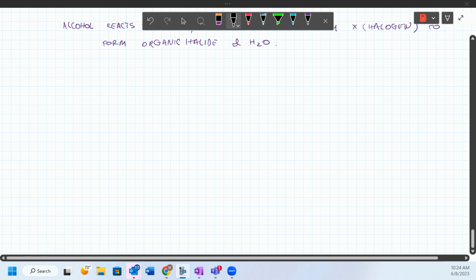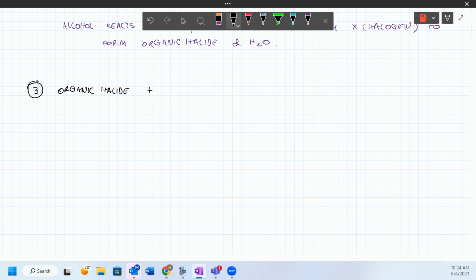As the third type of substitution, an organic halide is reacting with OH minus. But as I have said so many times, it's not that we have a bucket of whatever ions and we just throw them in.